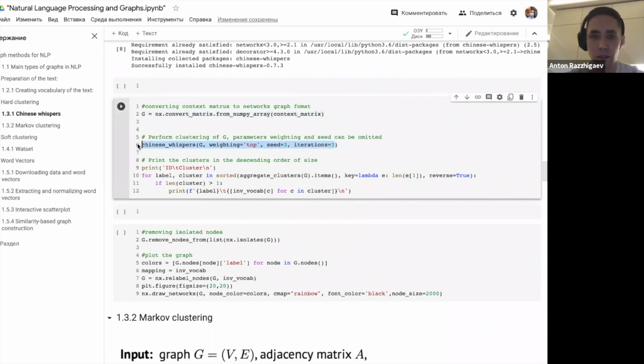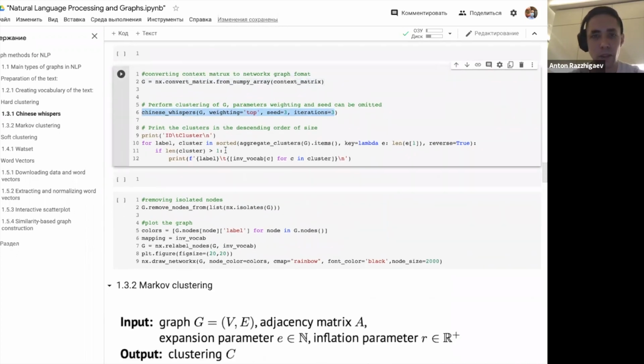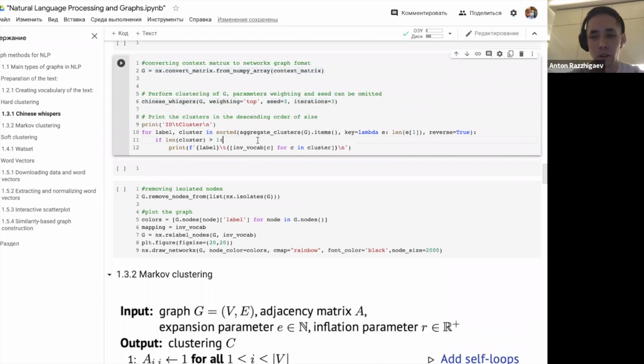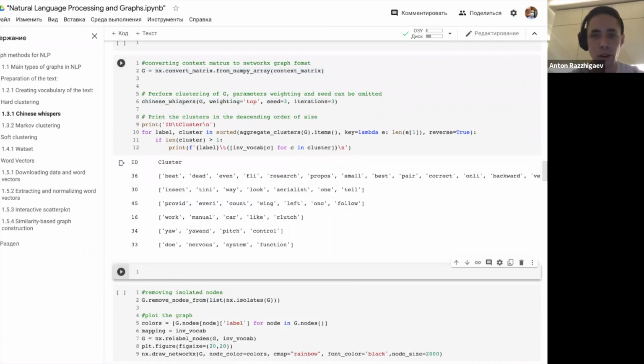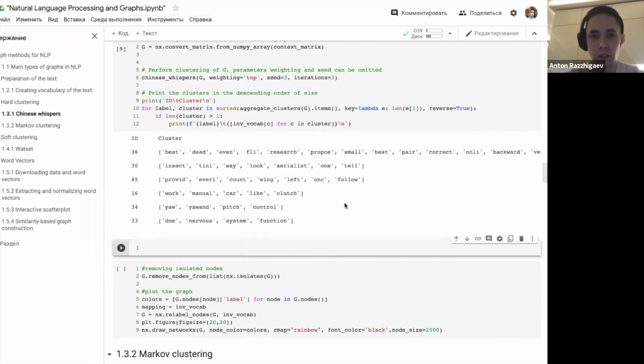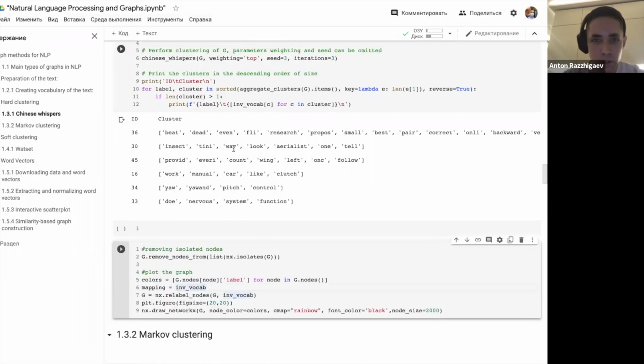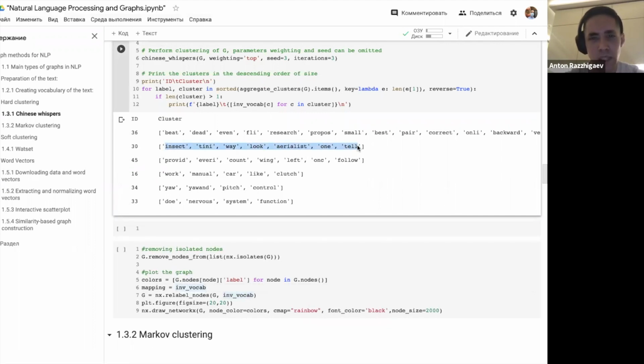Then we apply the algorithm, Chinese whispers, and we can print the clusters. As you can see, there are some clusters which are kind of related to insects, and some clusters are related to flight, to the process of flight.